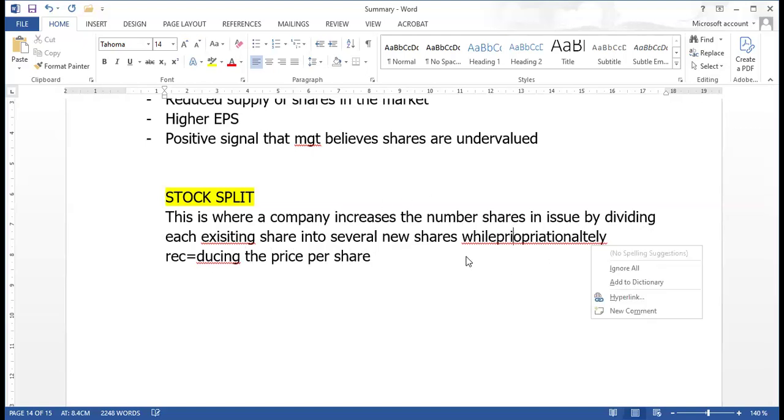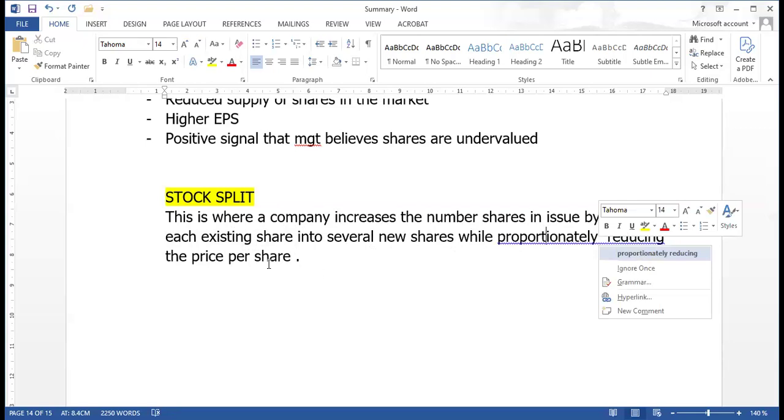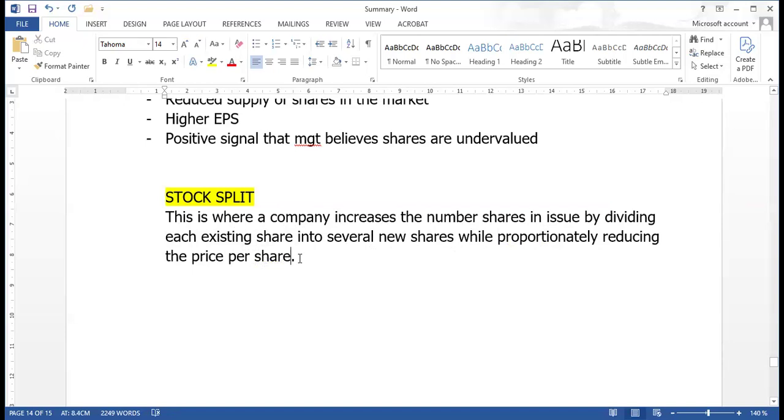Okay, this is where a company increases the number of shares in issue by dividing each existing share into several new shares, while proportionately reducing the price.